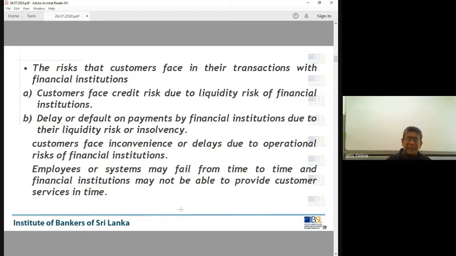What type of risk are you going to face? Now we are going to discuss that, right? Say I am a customer of your bank. As a customer, what type of risk am I going to face when I do transactions with your bank? First one, customers face credit risk. Like the bank also faces credit risk, the customer also faces credit risk.